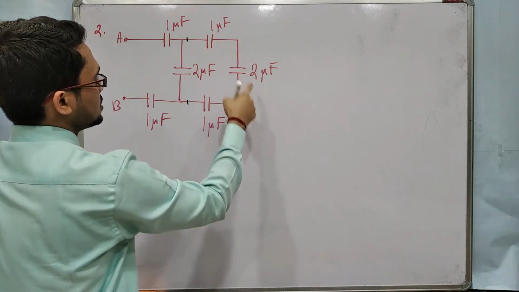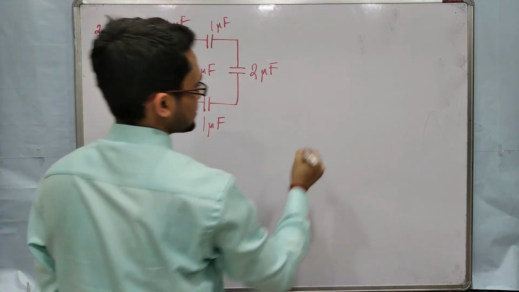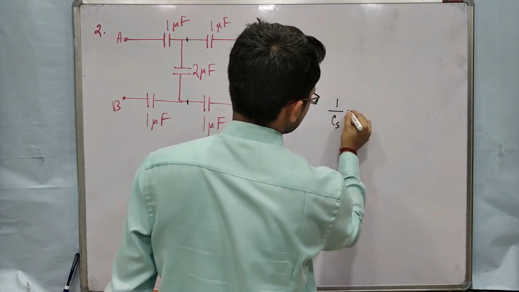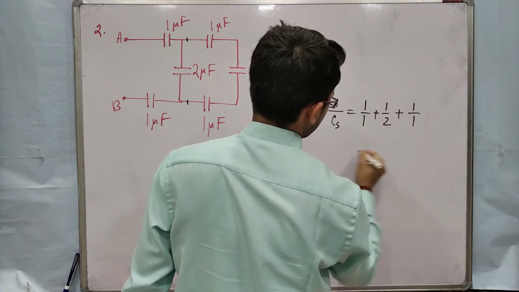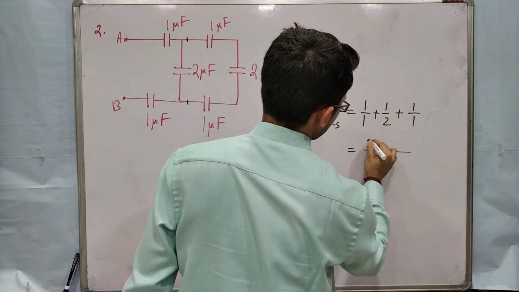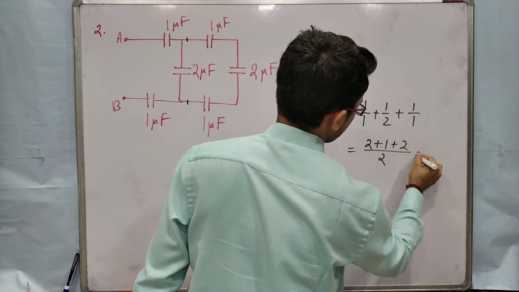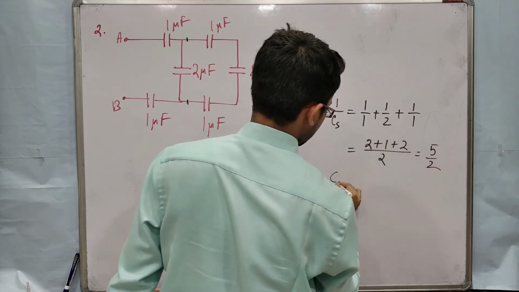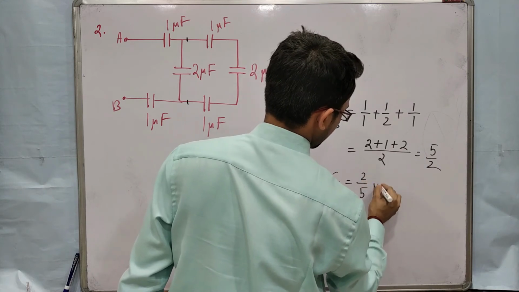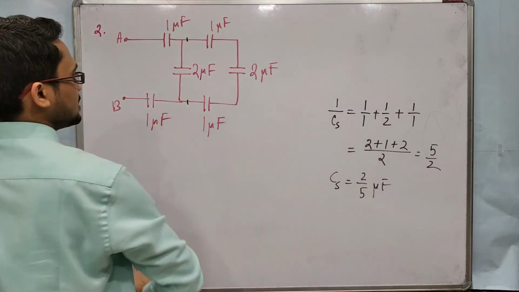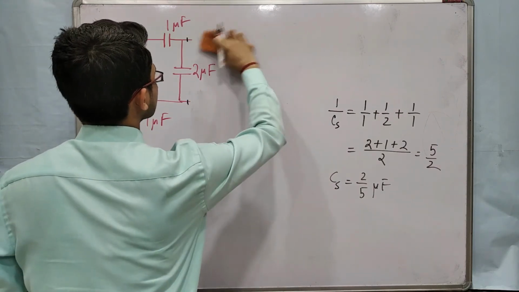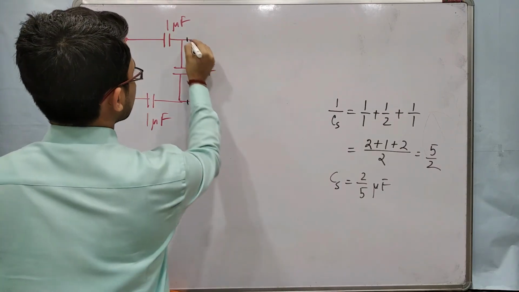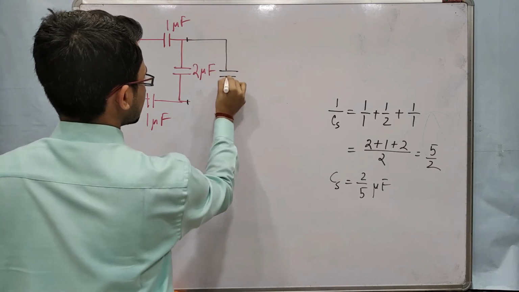Okay, 1, 2, 1. So series means 1 by CS equal to 1 by 1 plus 1 by 2 plus 1 by 1. So you will get 2, 2, 1, 2, that means 5 by 2. So CS you will get 2 by 5 microfarad. Okay, as you have found this, so remove this part and join that capacitor across this.